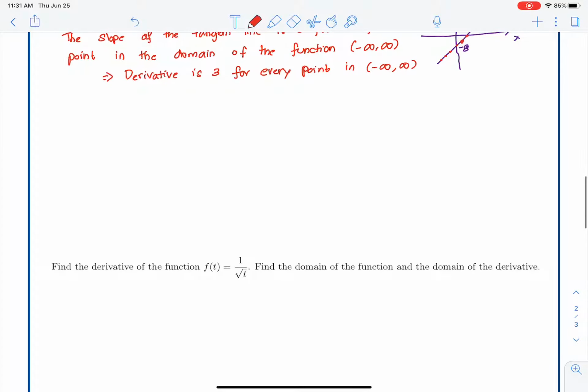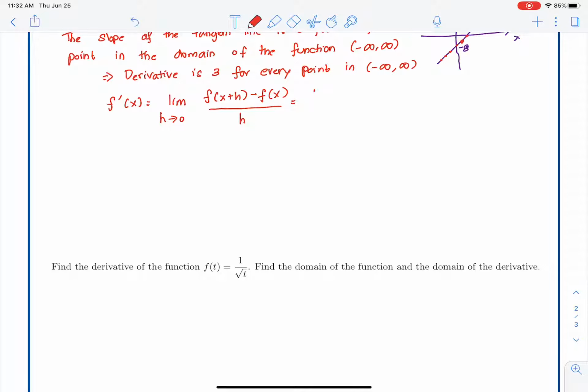We know the derivative f prime of x is simply limit h approaches 0 f of x plus h minus f of x divided by h.